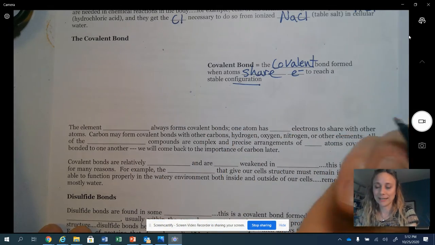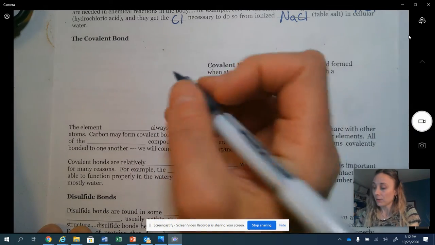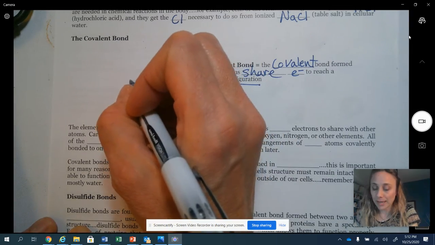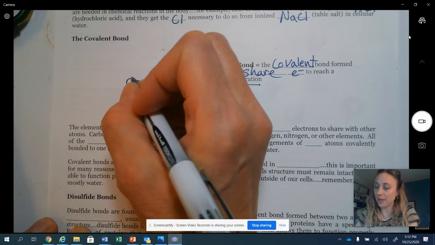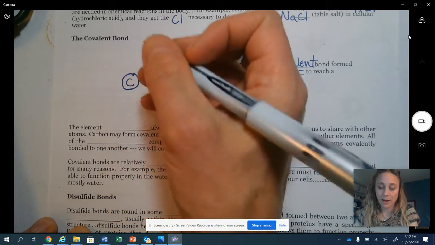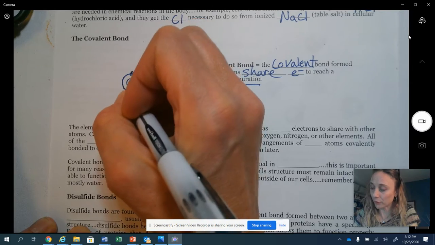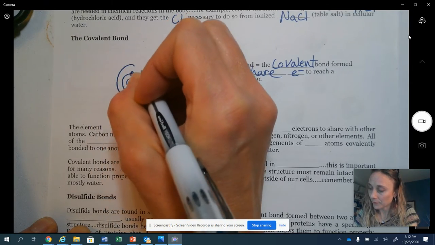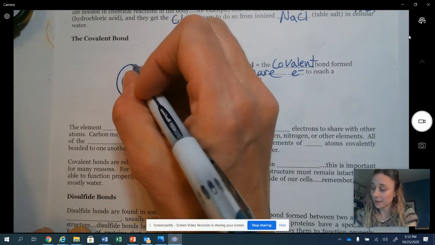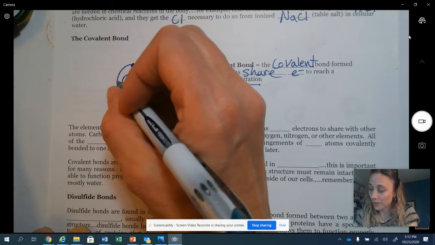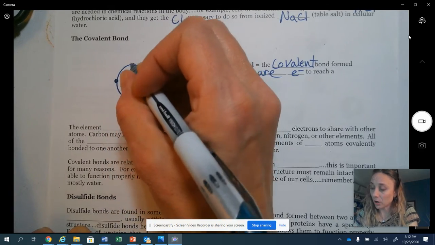All right, so let's do carbon. And for carbon, I'm just going to put a C, and then I'm going to put its electrons. Remember, it has 6, so 2 in the first, and then its outer shell has the rest, and then would only put 4 in here. It's important to note carbon is great.